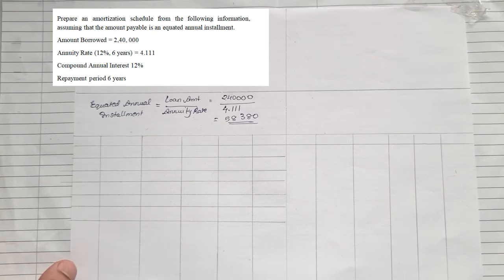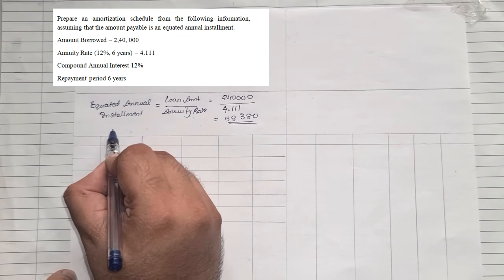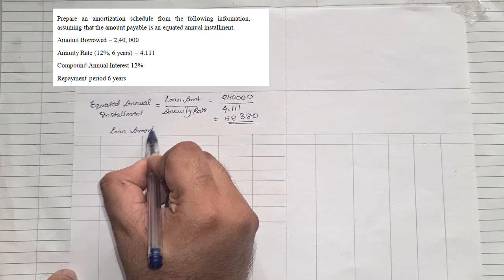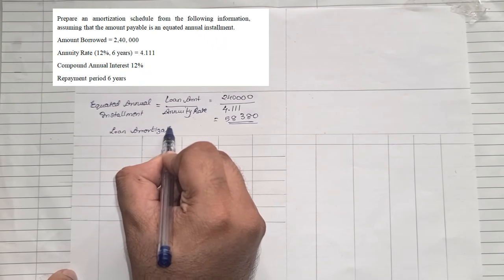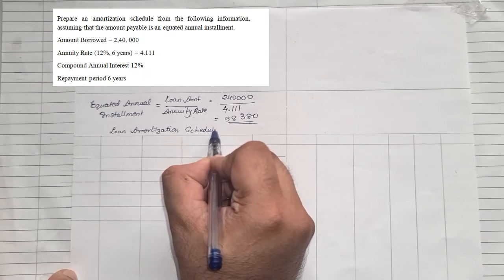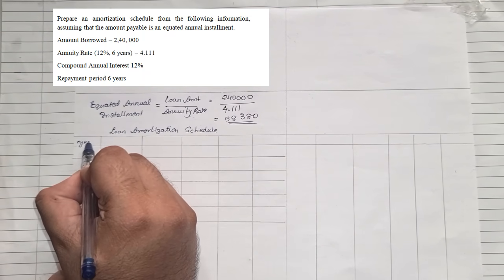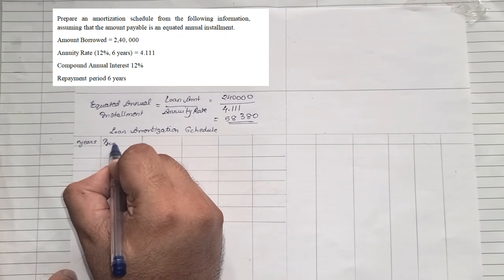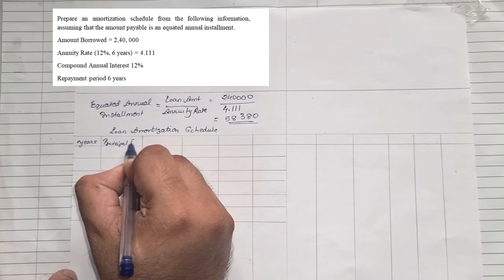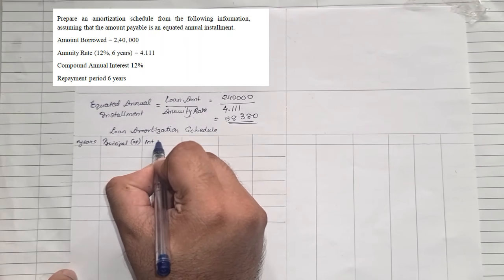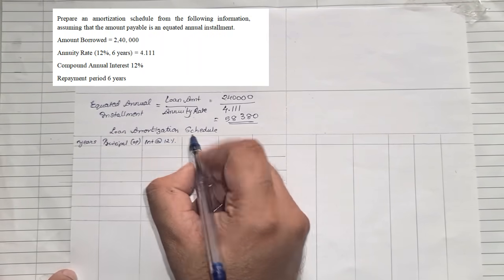Okay, so now let us see how to solve the sum. So I write here, this is my loan amortization schedule. The first column will be years. Next will be principal amount, in the bracket I'll write OP, that's opening balance. Next will be interest. Now in this case it is 12%.